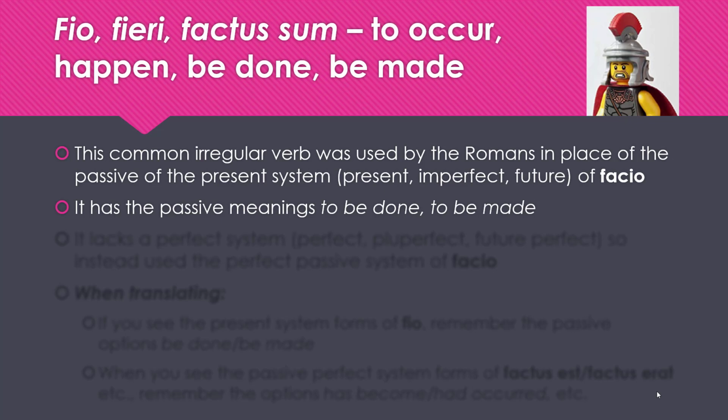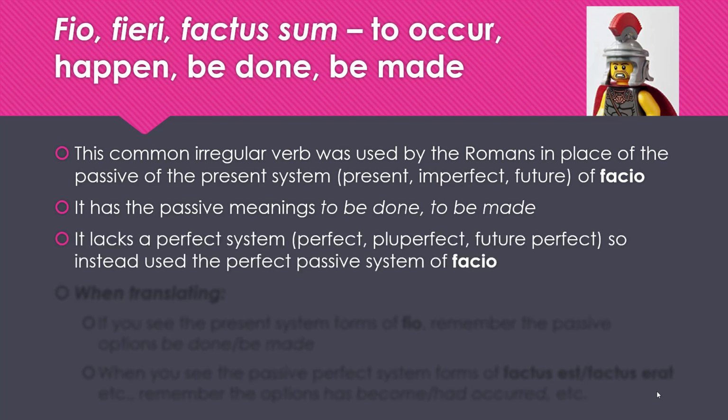Okay. The issue, though, is that because it really became this stand-in, an active way of expressing facio passively, it lacks a perfect system. So the perfect, pluperfect, and future perfect. So if it was in some way helping out facio, the Romans, in their infinite wisdom, said, okay, well, we'll just use the perfect passive system of facio to express fio in the perfect.